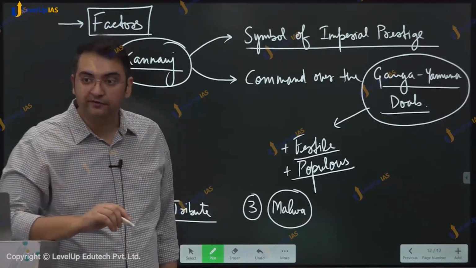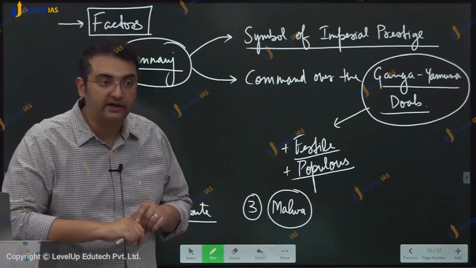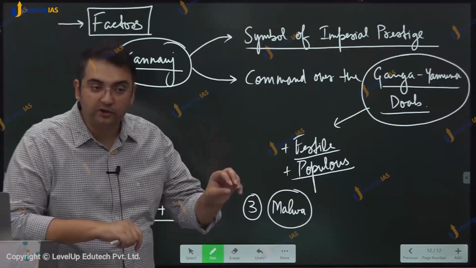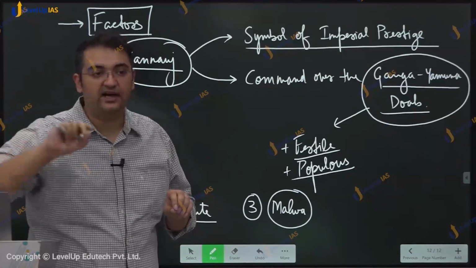During this point of time, connecting the two coasts was becoming increasingly important. Kyun? Because at this point of time, India was connected with Arabia, also with Southeast Asia as well.